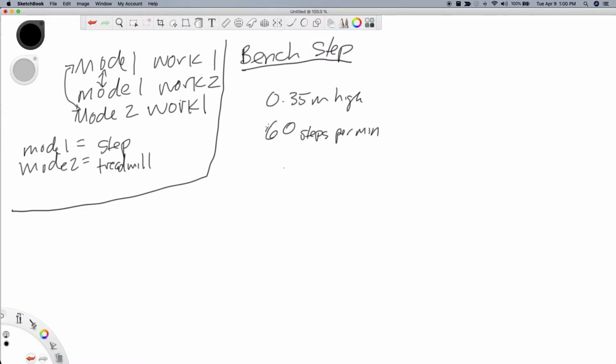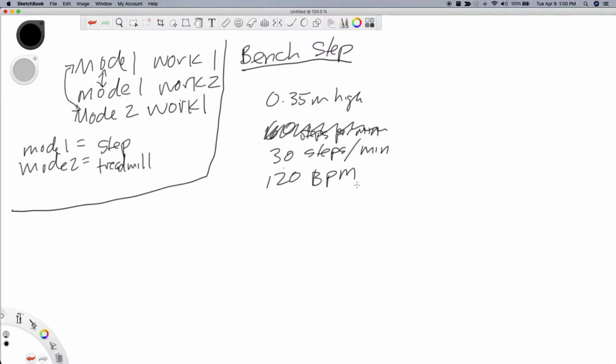So 30 steps per minute. That means each foot strike, up, up, down, down, would need to be done at 120 BPM. So you can download a metronome app on your iPhone, set it to 120 BPM. Every time it beeps, you take a step up or a step down.